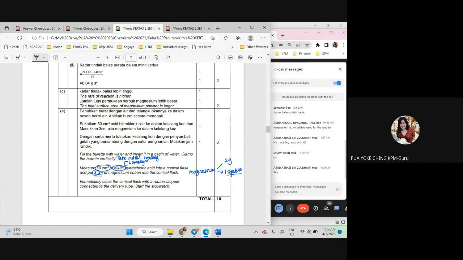Okay, and then start the stopwatch. And then okay, kemudian you kena bagi tahu dia juga macam mana you nak stop. Bila you nak stopwatch.